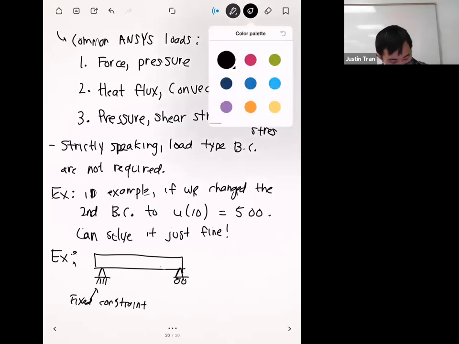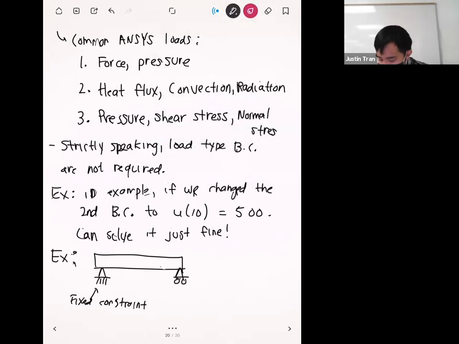If on the other side, let's say that the displacement of this end right here has to be a certain amount. Let's just say it's 5 centimeters, completely arbitrarily. We place a constraint such that the displacement over there has to be 5.